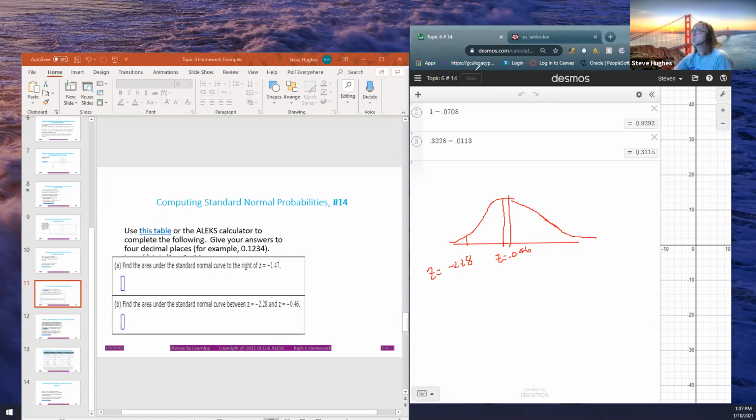So I got to do a little bit of work here. This is the area I'm looking at right here, okay? So I need to find the value of z equals negative 0.46 minus z equals negative 2.28. Once again, what am I looking for? I want to find z of negative 0.46 minus z of negative 2.28, okay?